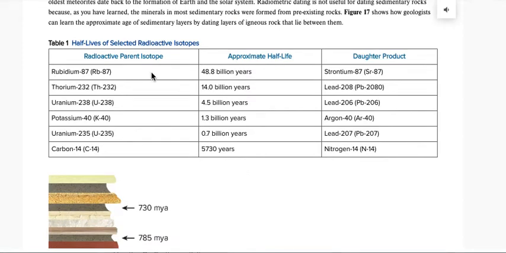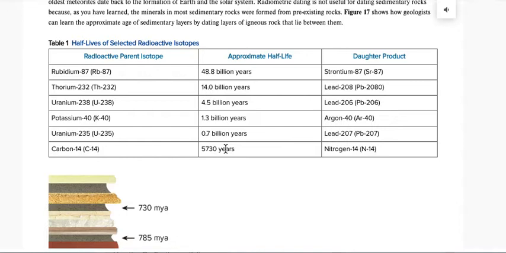Moving back, a lot of these are in billions of years, which means they're for very, very old samples. But one of them kind of stands out, carbon-14. Carbon-14 only takes 5,730 years for half of it to decay to nitrogen-14.